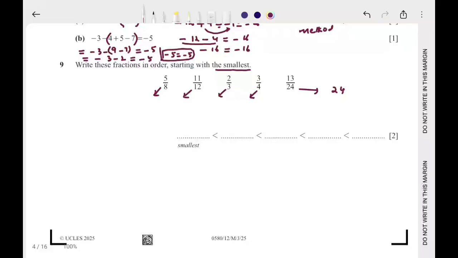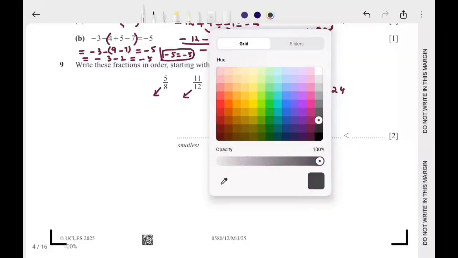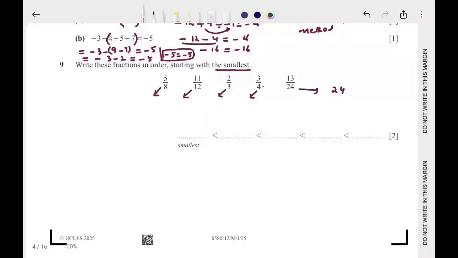For example, if I multiply 4 by 6, I get 24, and you have to multiply the top value and the bottom value as well. Now if you multiply 3 by 8, you get 24, and over here if you multiply 12 by 2, you get 24, and if you multiply 8 by 3, you get 24.